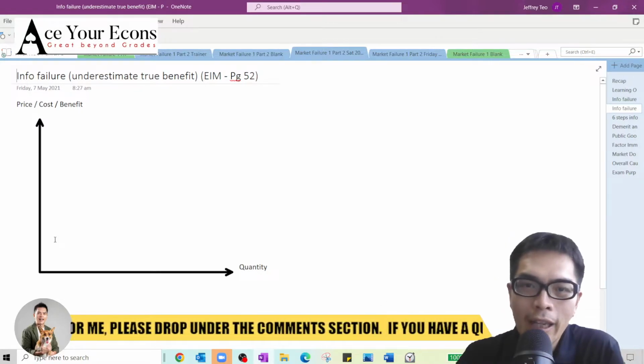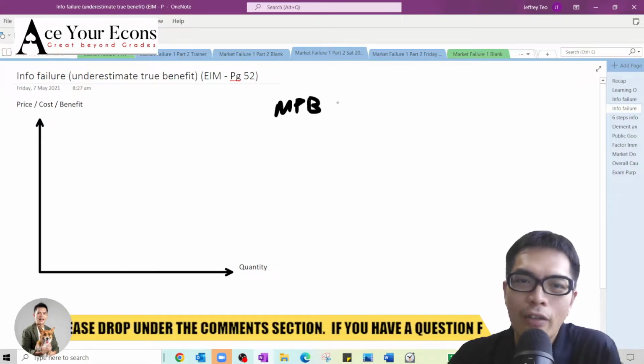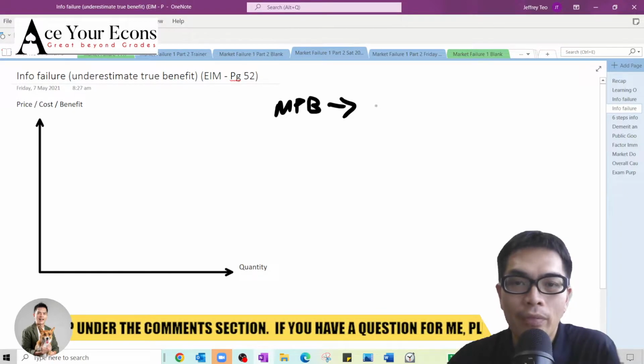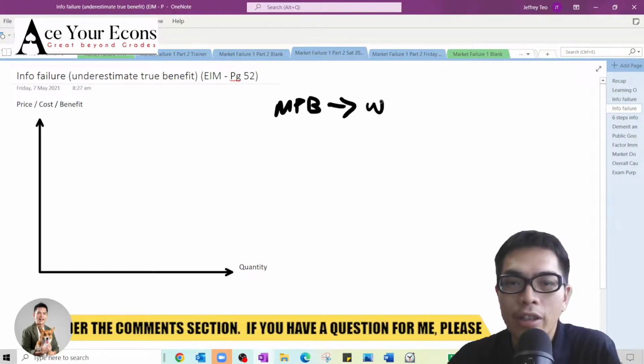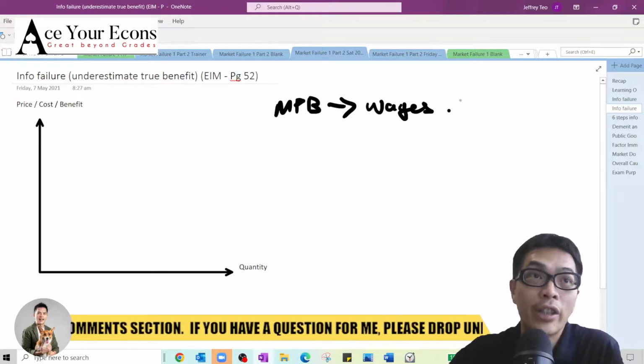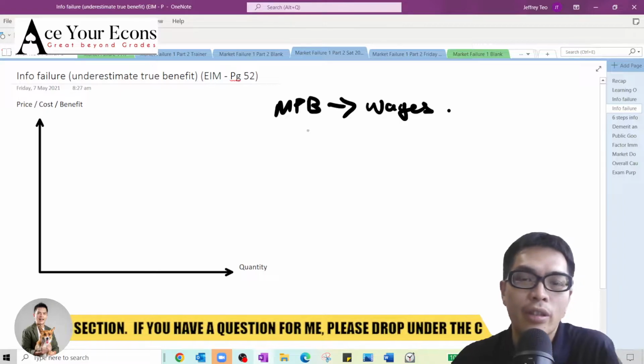So we know that the MPB of consuming education last week, if you look at the answer key, would be wages. What are the wages that you can get for every additional unit of education that you consume?